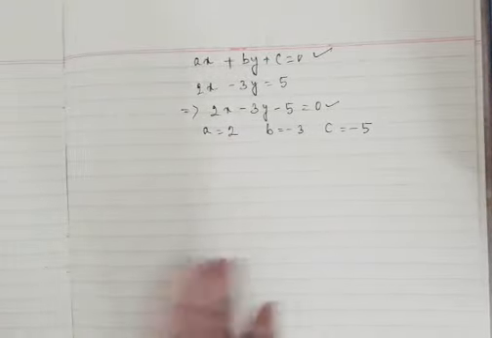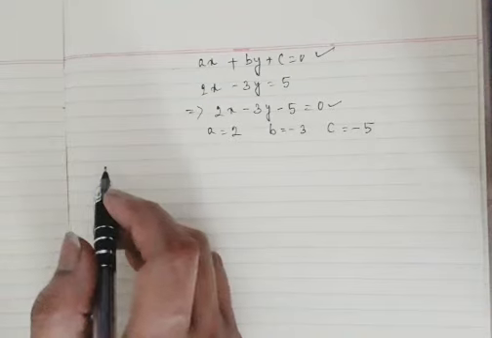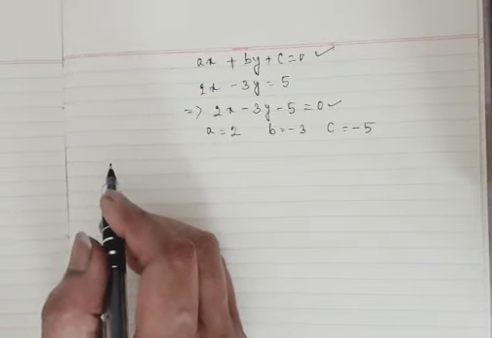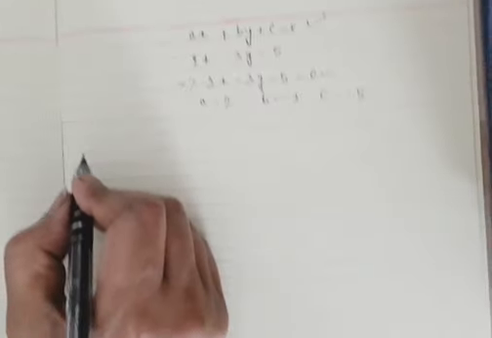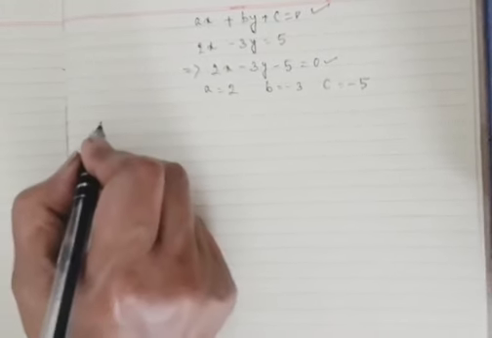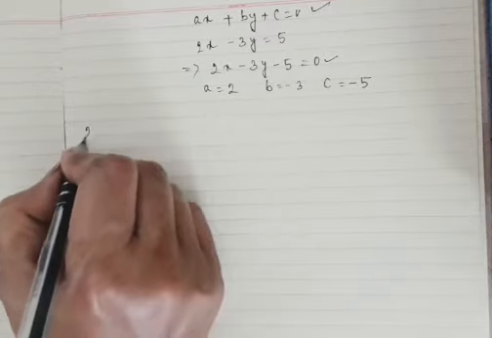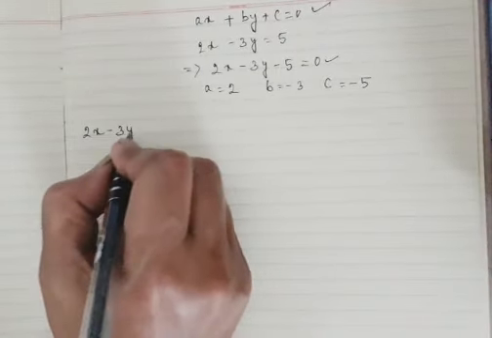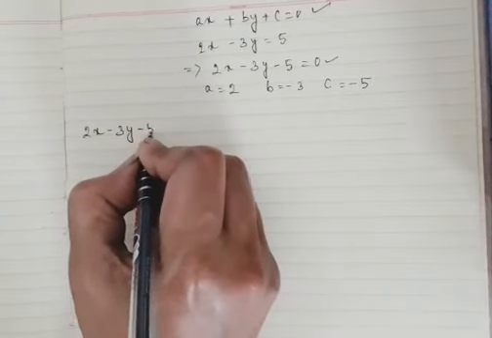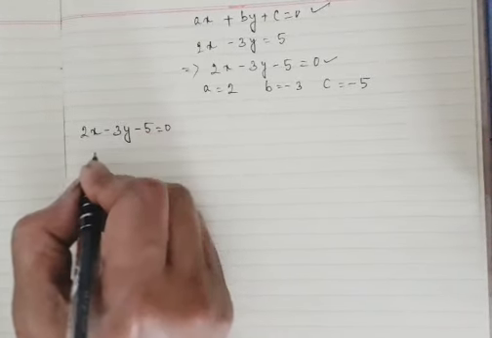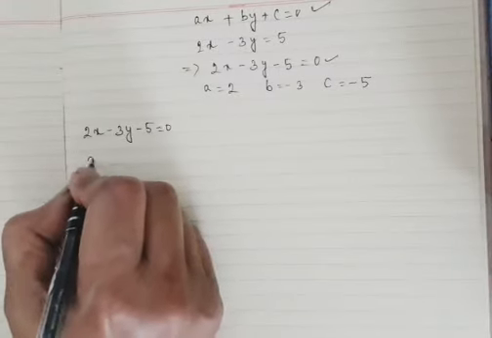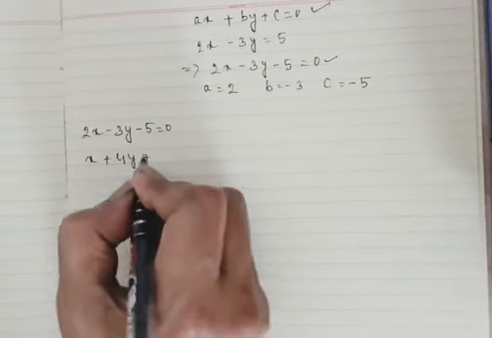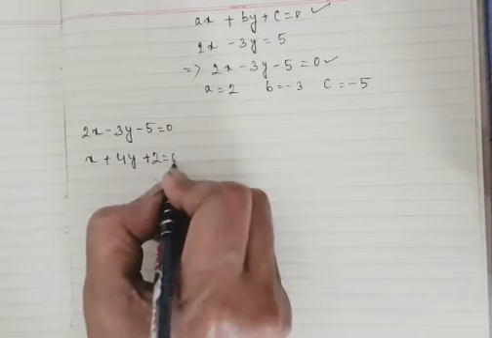Now let us take a pair of linear equations and come to our conclusion. Suppose I write 2x minus 3y minus 5 equal to 0, and another equation, x plus 4y plus 2 equal to 0.